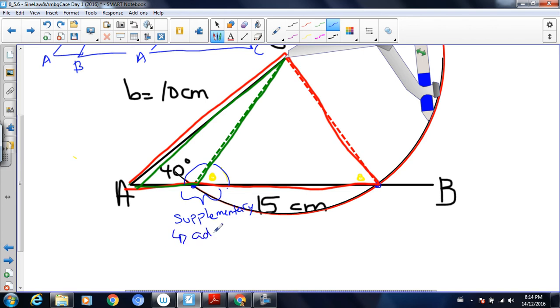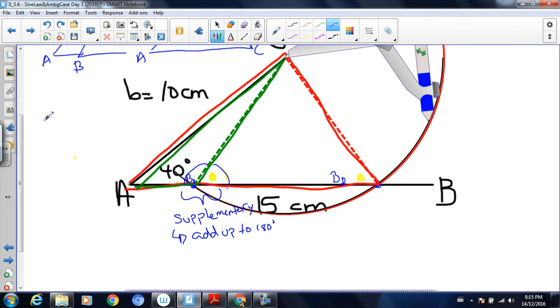It adds up to 180 degrees. Now this is called B1, and this is called B2, or you can use the other way around, B1 and B2.